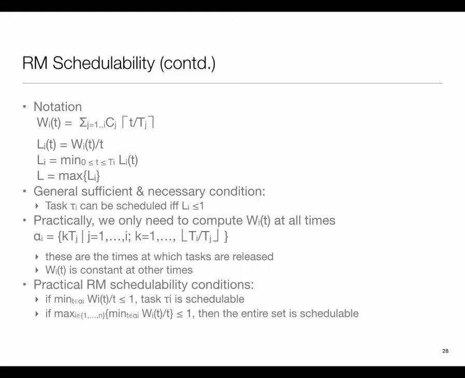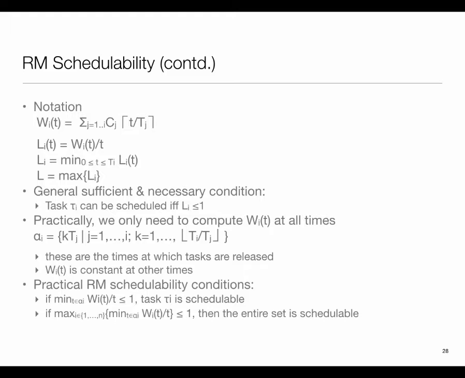So what schedulability basically says, as the previous slide ends up saying, is the following: for the ith task, I want to find the t which is within the period of the task and which minimizes this quantity.